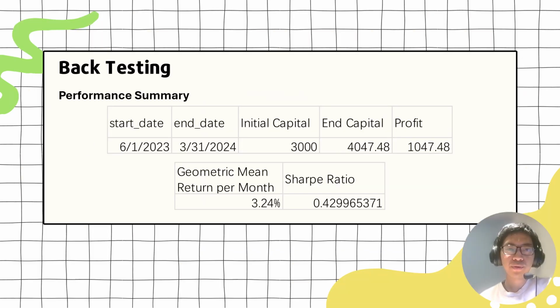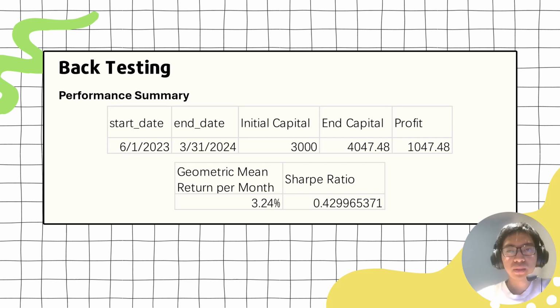In this part, we will look at some data about our performance from June 1st, 2023 to March 31st, 2024. Our strategy saw significant growth, starting with an initial capital of $3,000 and ending with $4,047.48, resulting in a profit of $1,047.48.